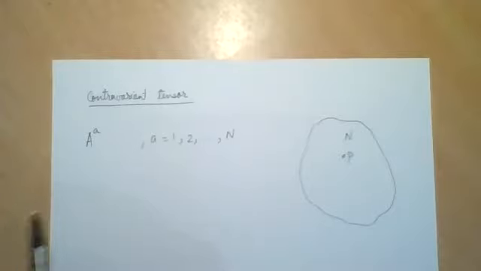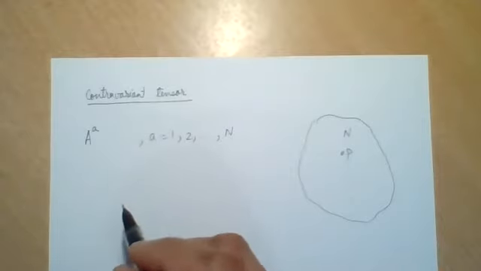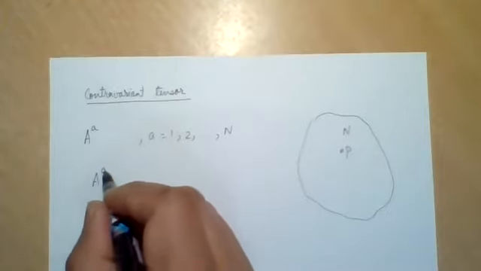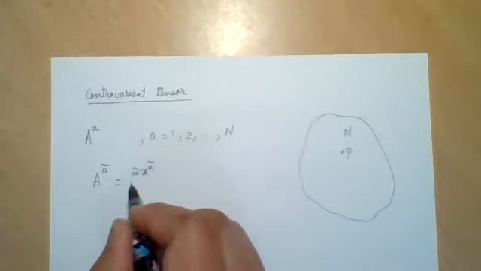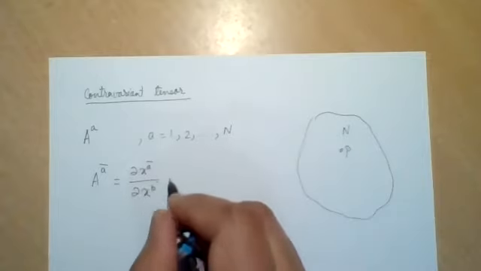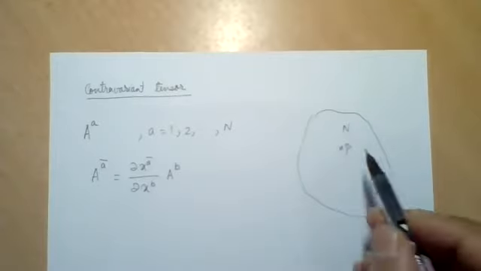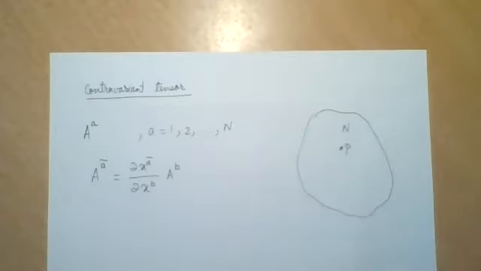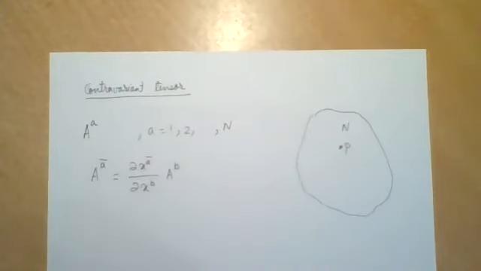And if these components change under a coordinate transformation according to this rule, A superscript a bar is equal to del x a bar by del x b times A superscript b.